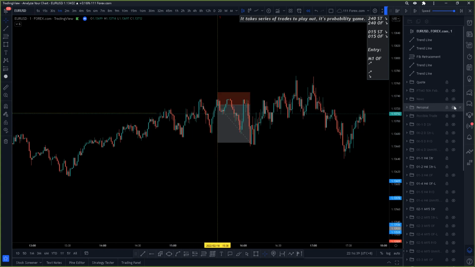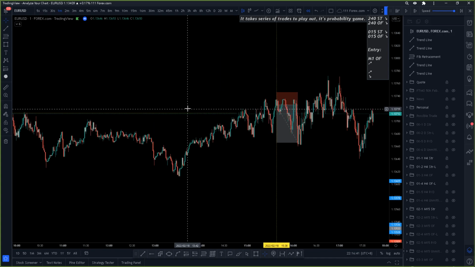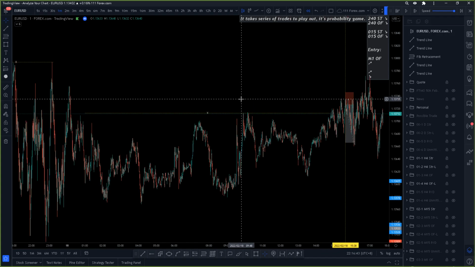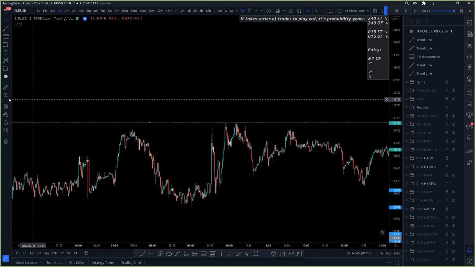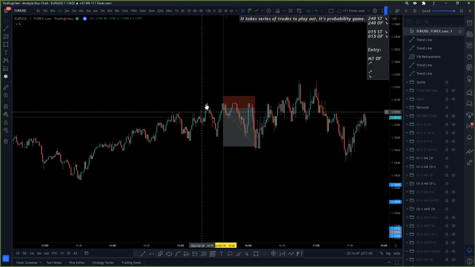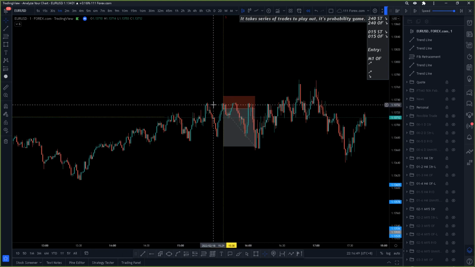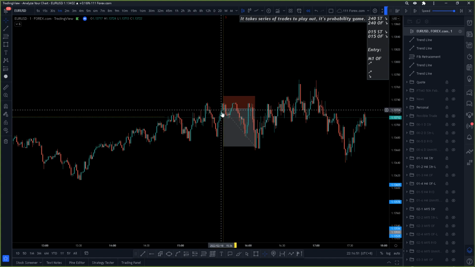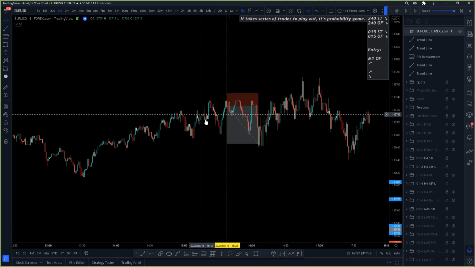So the point of interest is here because it tapped into the area here. I think I entered on 5 seconds here.